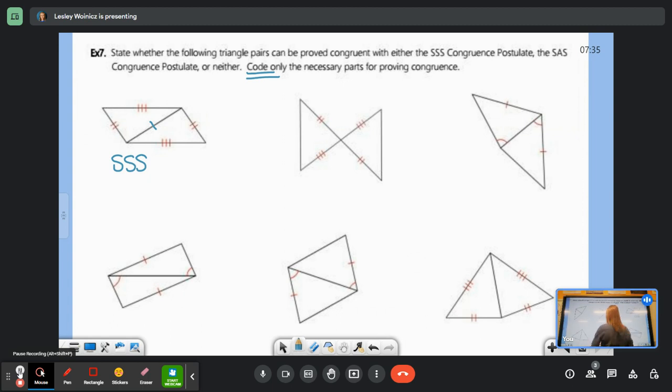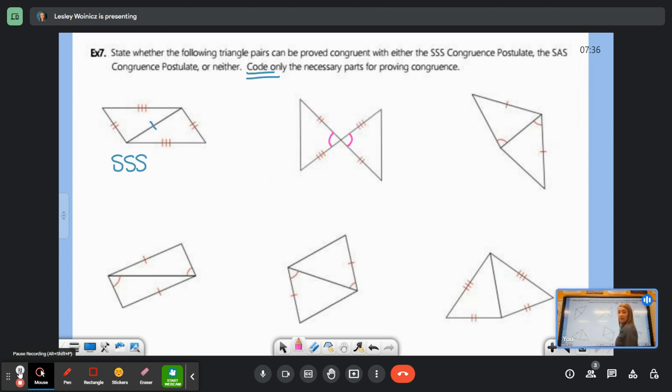All right, next, we're going to go across. So for this, I have two pairs of congruent sides already marked. I don't know anything about the third sides. They could be whatever, okay? But I do have a pair of intersecting lines, and those intersecting lines form something very special.